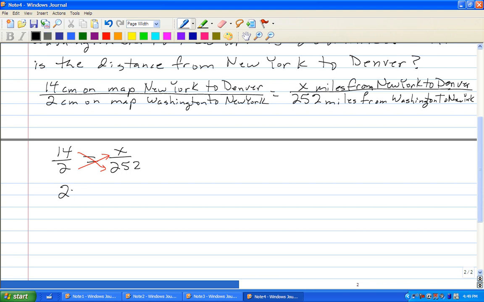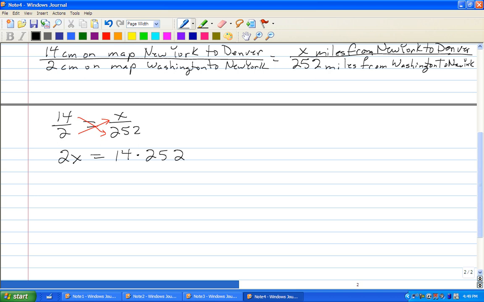I get 2x is equal to 14 times 252, which is 3,528.